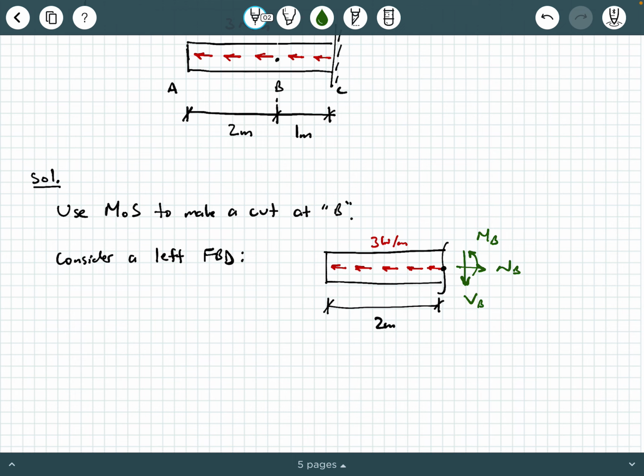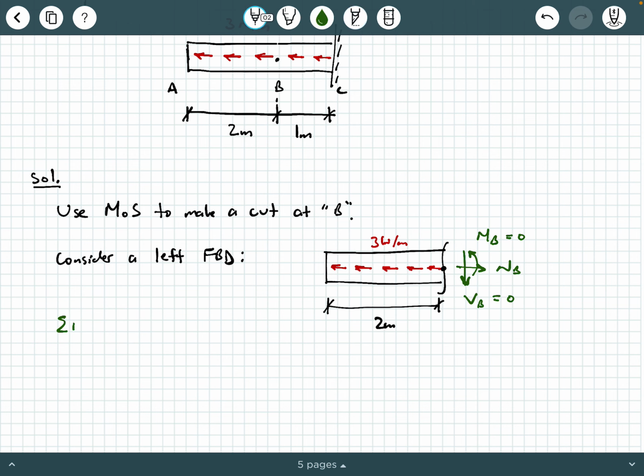So really, all we need to worry about is the loads along the longitudinal axis of the member, which for internal loads, that's NB. VB is a transverse load, that's a shear force, and MB is a bending moment, both of which are 0 because the only applied loads you have are along the longitudinal axis, which means you're only going to engage NB here.